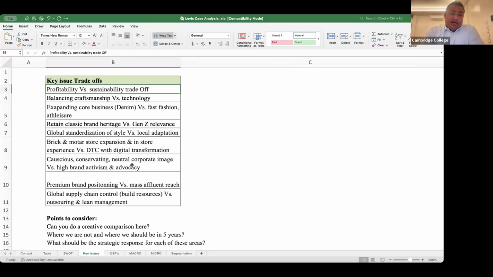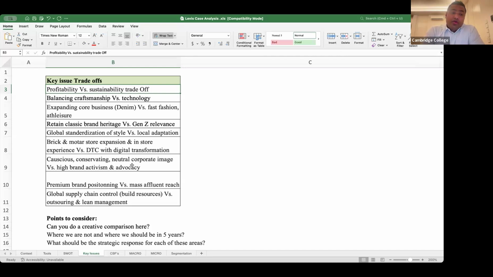Then, are you going to also expand globally with brick and mortar stores and build resources, be resource intense, and take over the global supply chain control in terms of raw materials?